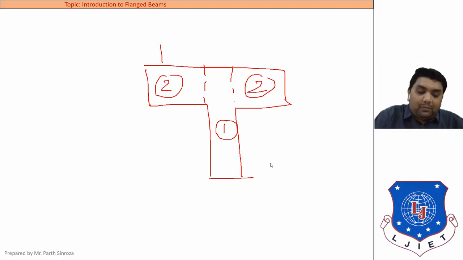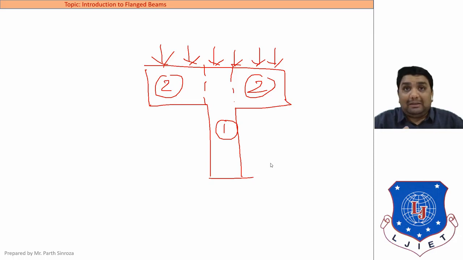If we apply load from the top of our slab, then the load is in direct contact with part 1 as well as part 2. So we won't be incorporating the losses that we have seen in the previous section. Clear? In this case the load is directly transferred to both the sections, so it is the most preferable way of taking sections.